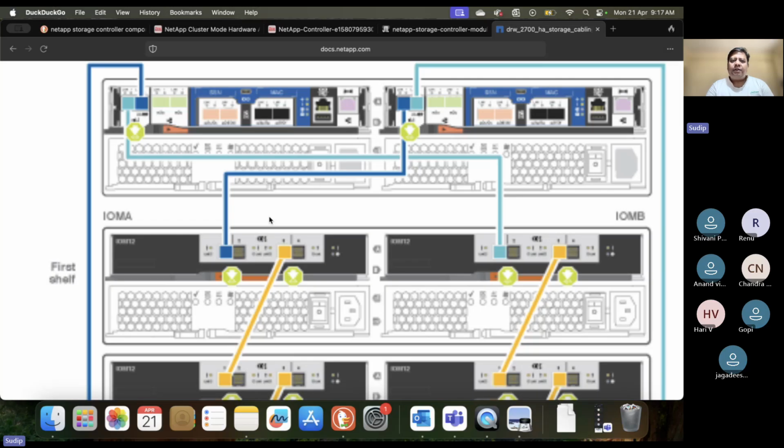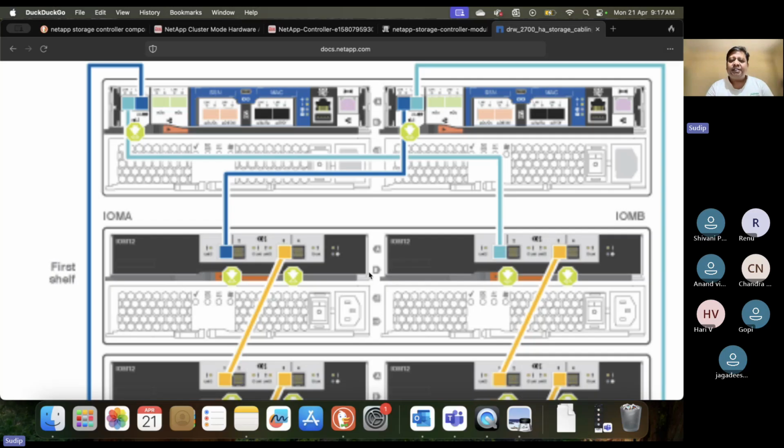If left hand side is node A and right hand side is node B, so node A port 0 will get connected to one of the ports on the disk shelf. Similarly, node B's port 0 also will get connected to the same disk shelf, but to a different port, which means in the disk shelf chassis also there is redundancy.